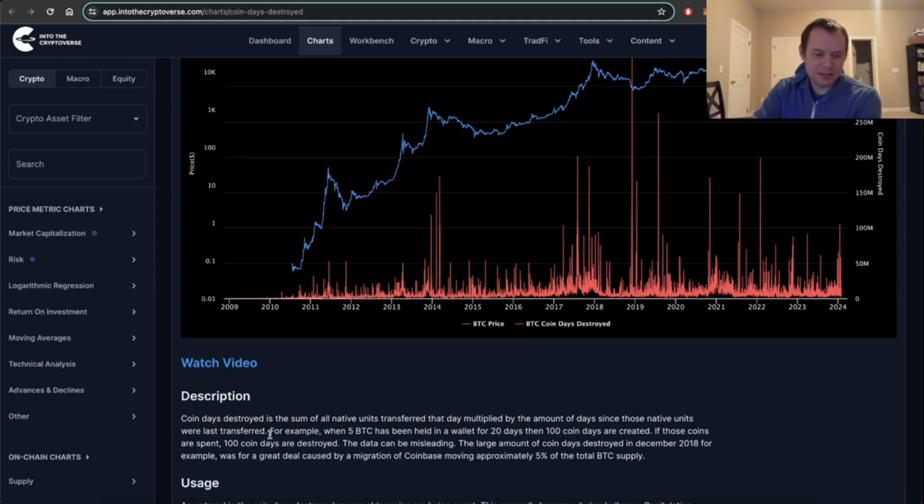Okay, so for instance, we'll give an example. If 5 Bitcoin has been held in a wallet for 20 days, then 5 times 20 is 100, and then it's moved, then you have 100 coin days destroyed. Does that make sense? So 5 Bitcoin in a wallet for 20 days and it moves, that's 100 coin days destroyed.